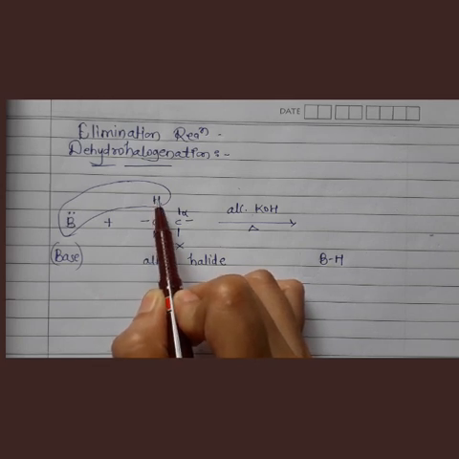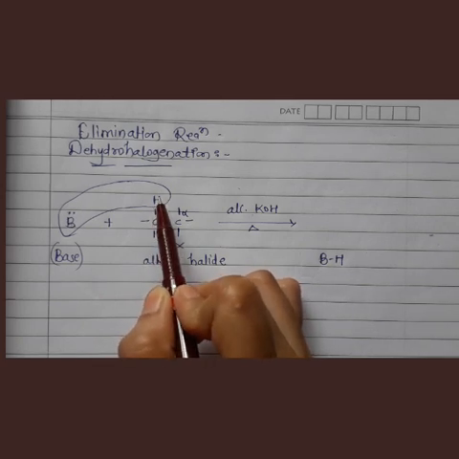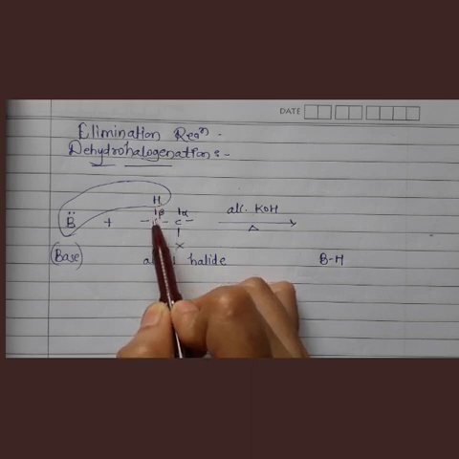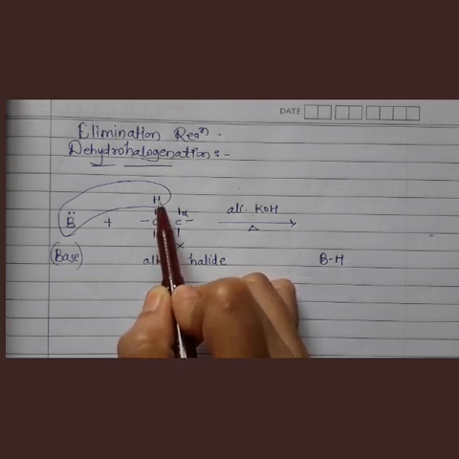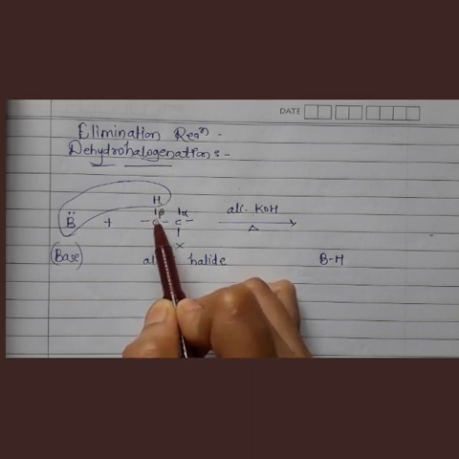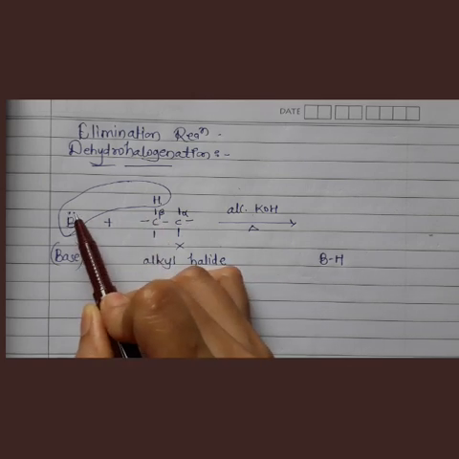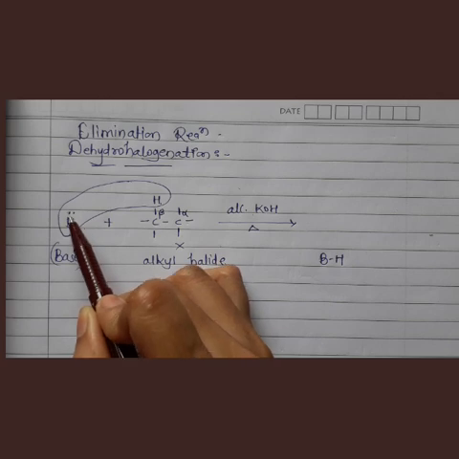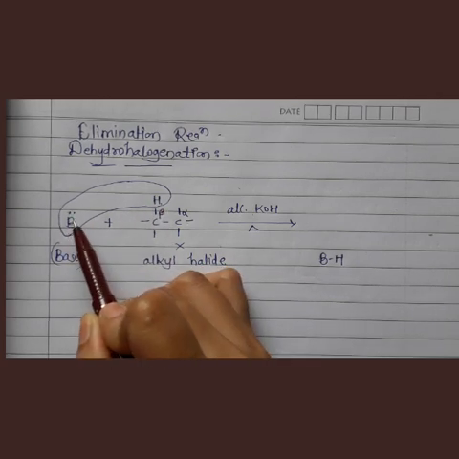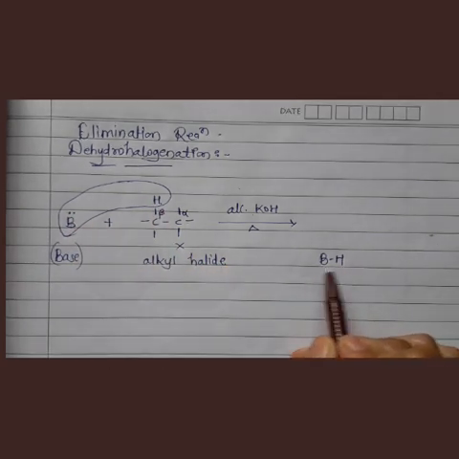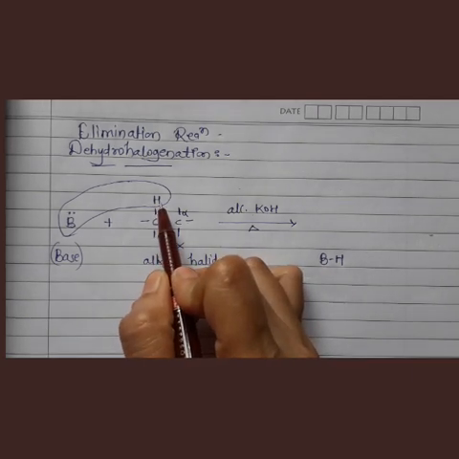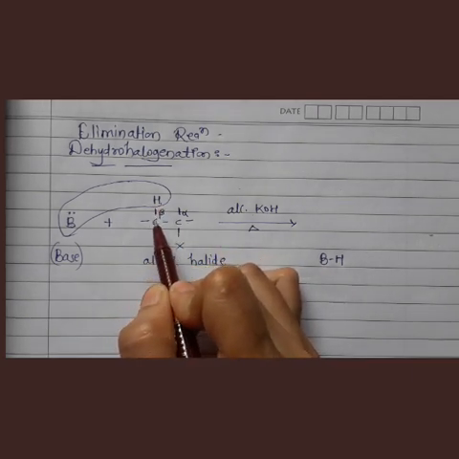So the electron which hydrogen had, with which it had formed a bond with carbon, it will leave that electron with the carbon, because the base already has 2 electrons. With this pair of electrons a bond will form between base and hydrogen. The BH has formed. So that electron, hydrogen will leave with carbon.